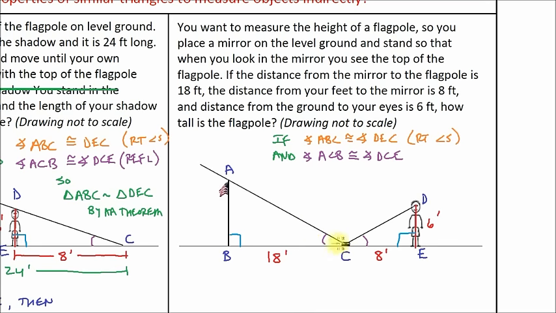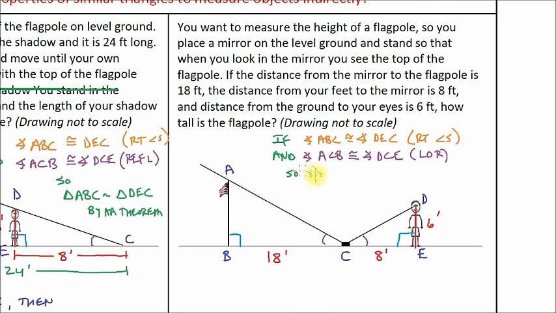Here's ACB, so that's that angle. Here's DCE, that's that angle. These two angles are congruent, and we just talked about how that's the law of reflection. I'm just going to put LOR because if you've been paying attention on the video, you've already written the words law of reflection and put an arrow to that mirror. So we've got those two things.